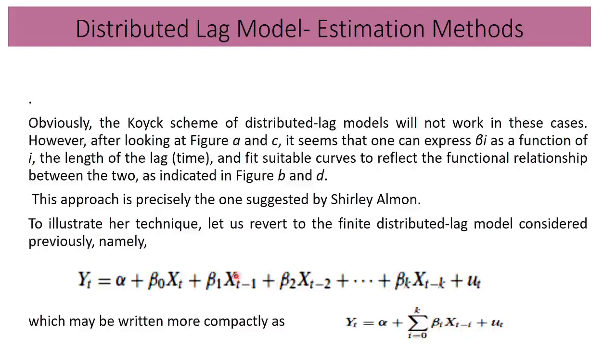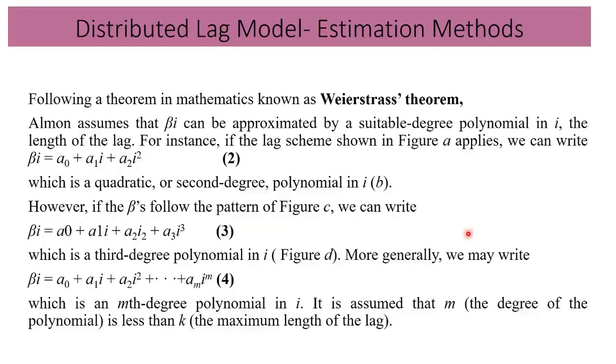That is, we can write this equation in a very compact form as yt equal to alpha plus sigma of i equal to 0 to k of beta i xt minus i plus ut, since here we are using the finite lag model, and this beta i is based on certain assumptions. He explained this model using the Weierstrass theorem, which is a theorem of mathematics, and he assumes that beta i can be approximated by a suitable degree of polynomial.